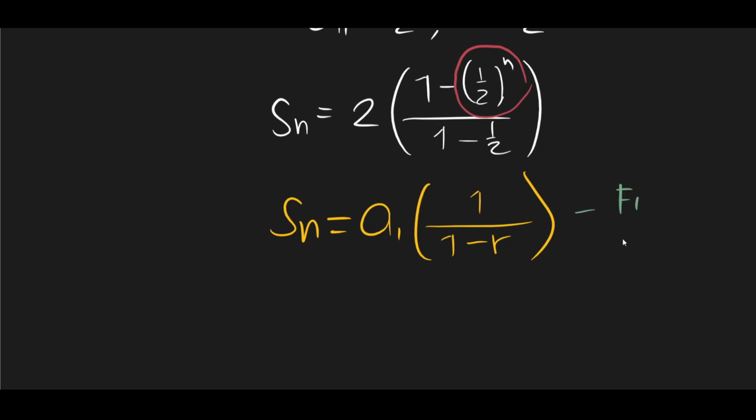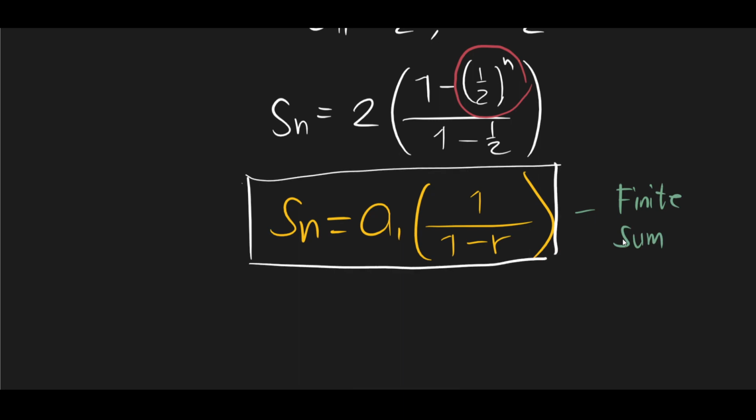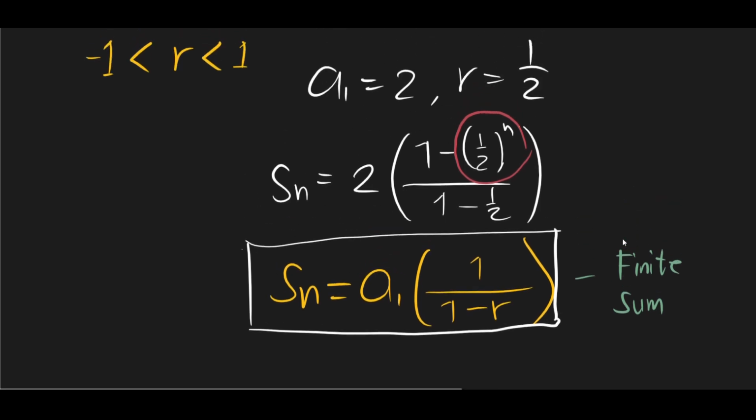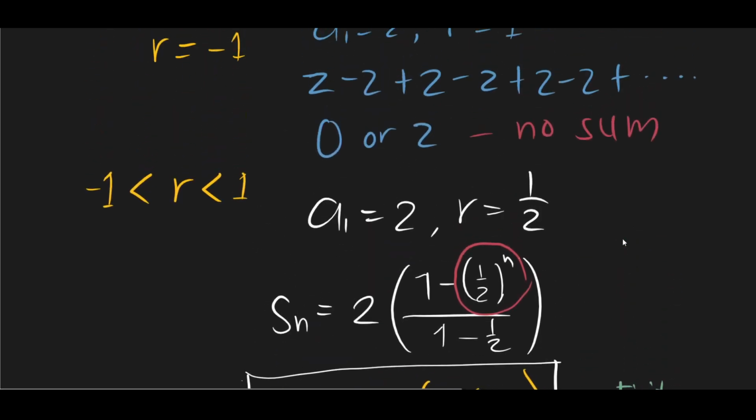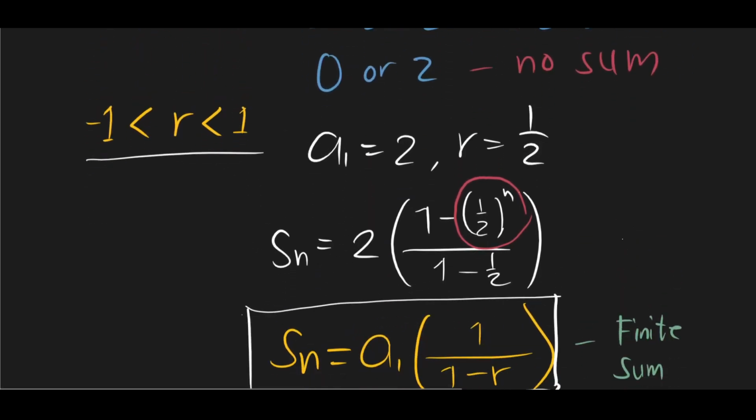So we have a finite sum for this particular case. Now the examples in the next video will focus on this case and exploring the different scenarios of r within this range.